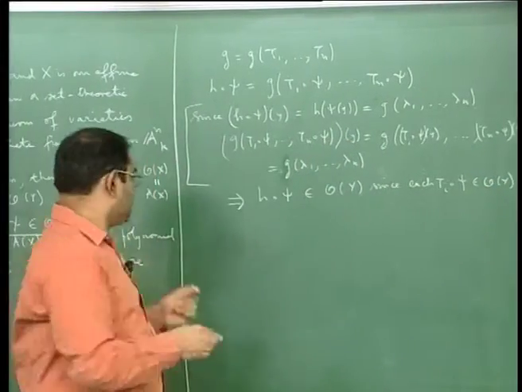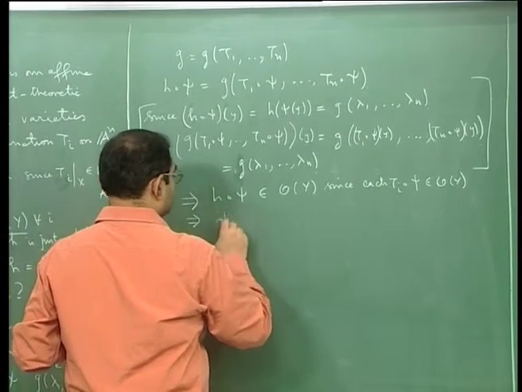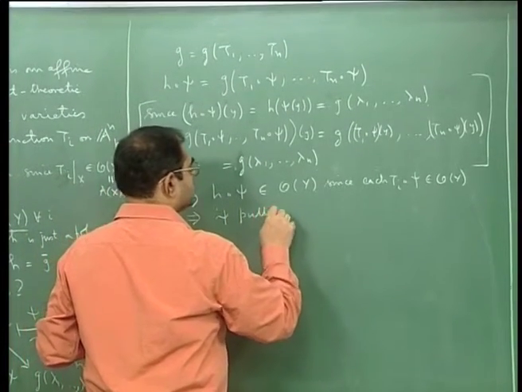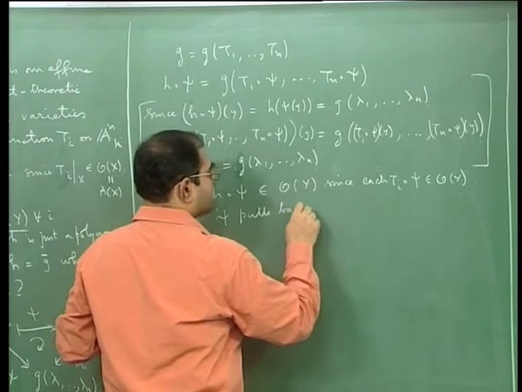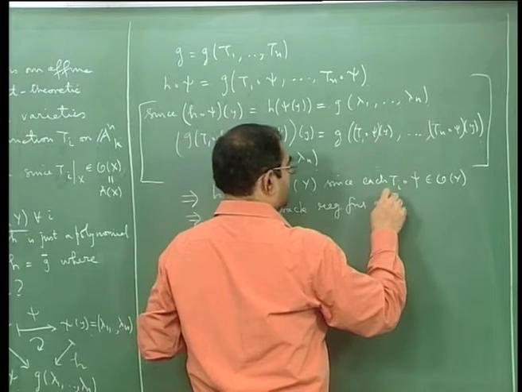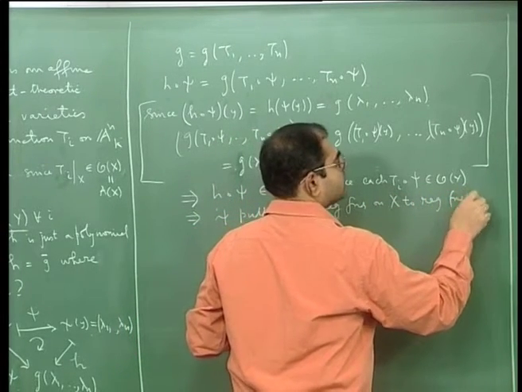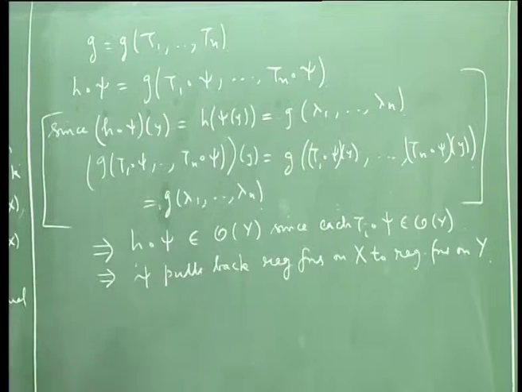So in principle it tells you that psi pulls back regular functions on x to regular functions on y. This is one of the conditions for the map psi to be a morphism.